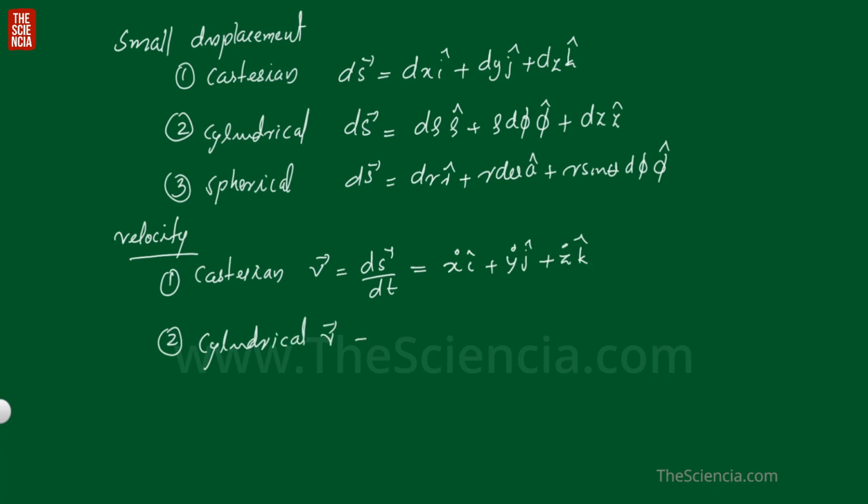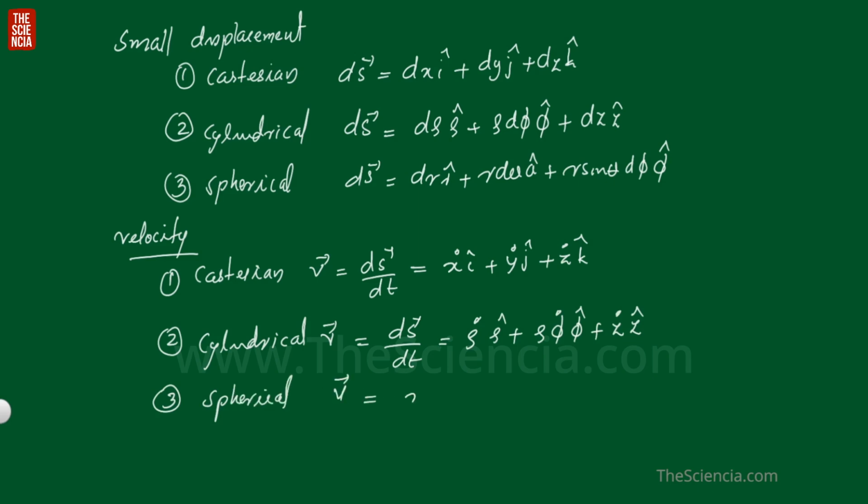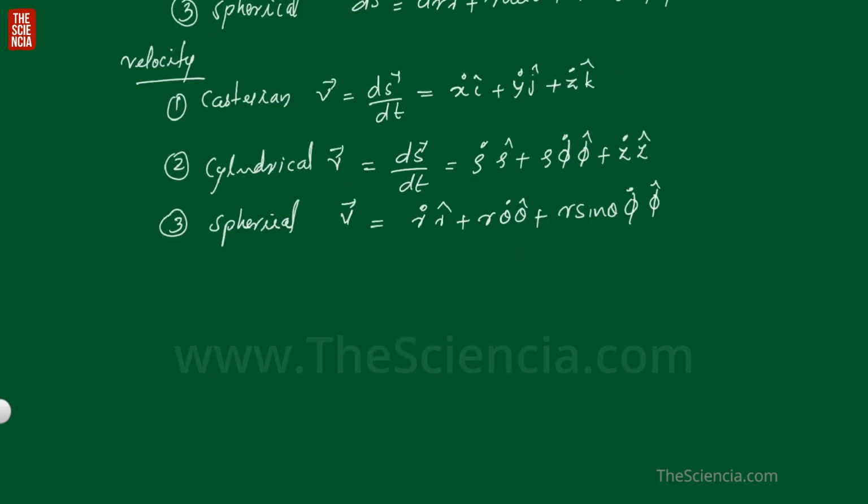V vector will be equal to ds by dt, that is equal to rho dot rho cap plus rho phi dot phi cap plus z dot z cap. And what will be in spherical polar coordinate system? V vector will be equal to r dot r cap plus r theta dot theta cap plus r sin theta phi dot phi cap. Then what will be the kinetic energy?